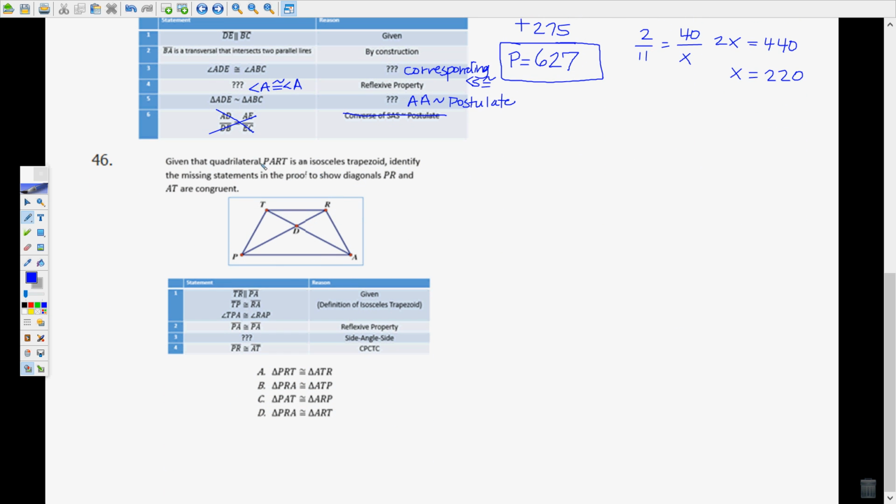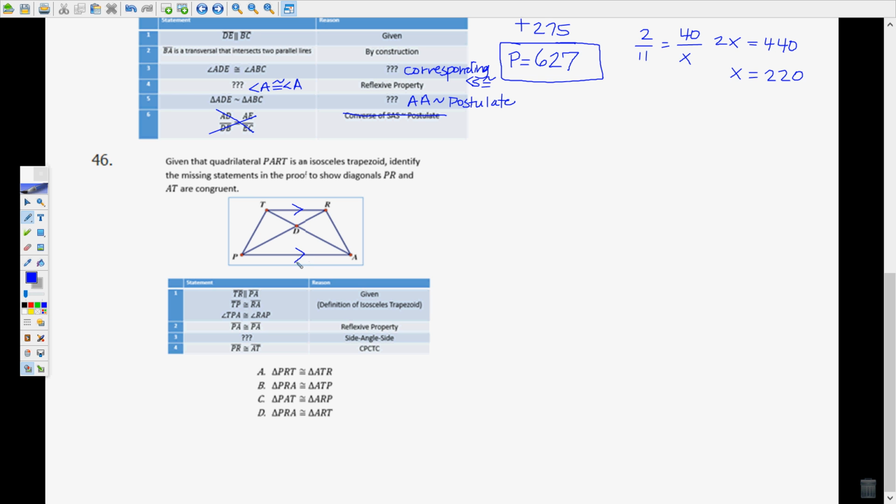46, given the quadrilateral PART is an isosceles trapezoid, identify the missing statements in the proof to show diagonals PR and AT are congruent. So here really all you're doing is proving what two triangles would be congruent by side angle side. So we've got PR, you want to mark your picture. This is a trapezoid.